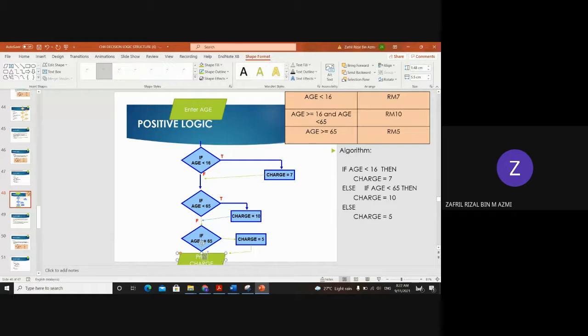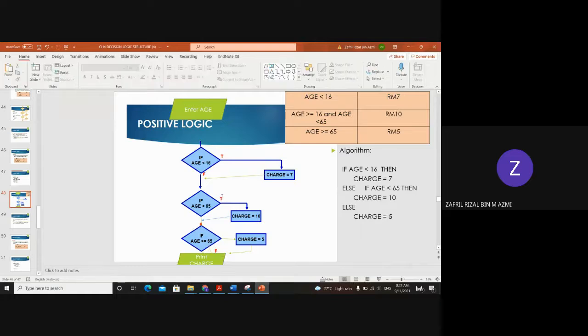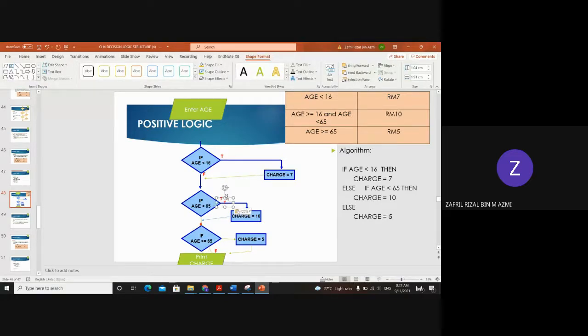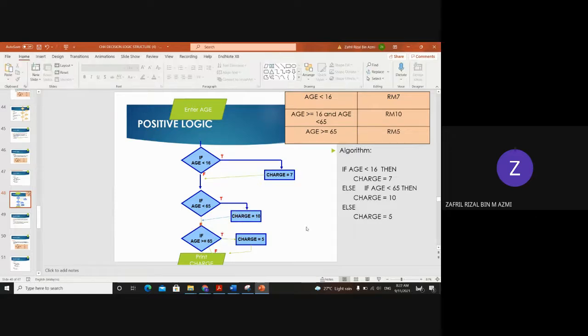So false, go to print. This is false. This is true, right? This is true. You see the structure over here.